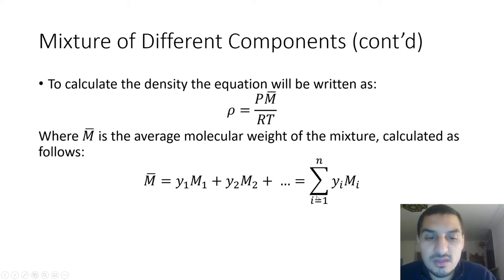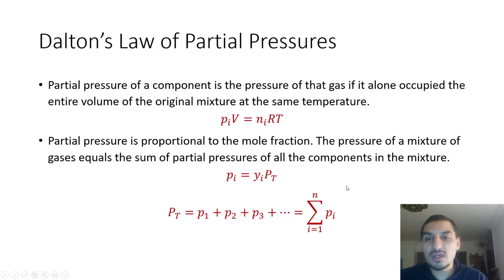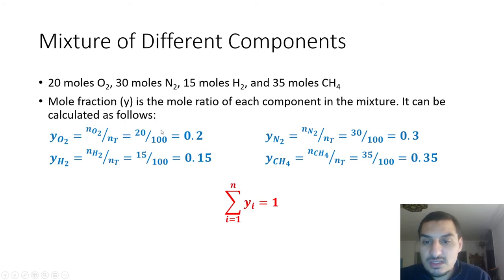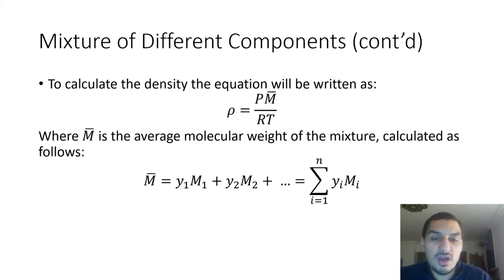It is the summation of the mole fraction multiplied by the molecular weight of each component. So for instance here, I want to calculate the average molecular weight of this mixture, so I multiply 0.2 by 32, which is oxygen, and add 0.3 multiplied by 28, which is the molecular weight of nitrogen, and then add 0.15 by 2, which is the molecular weight of hydrogen, and 0.35 by 16, which is the molecular weight of methane, and I'll get the molecular weight that represents the average of all of these compounds.